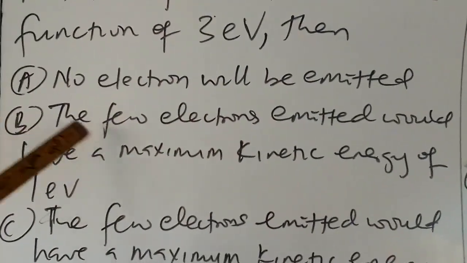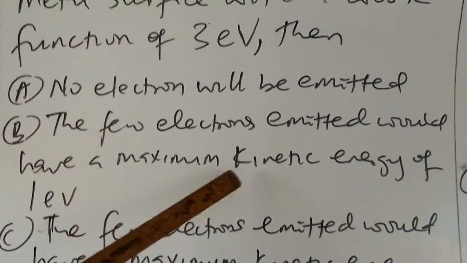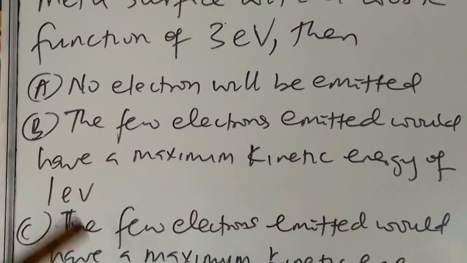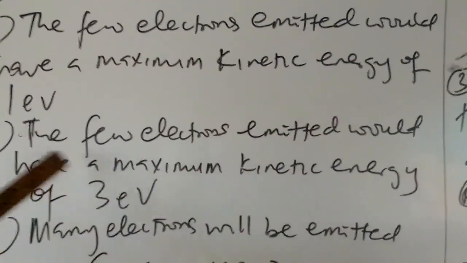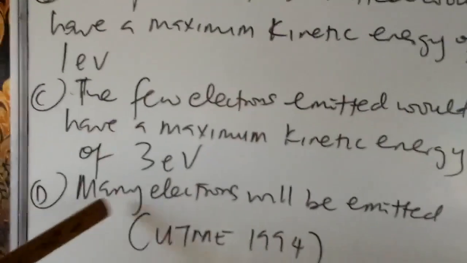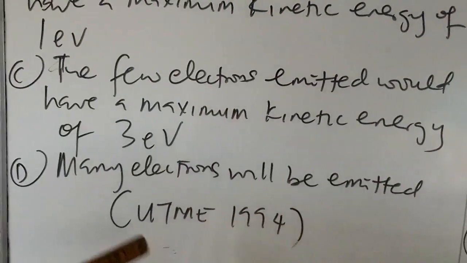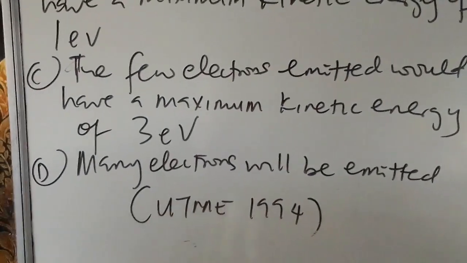Option B, the few electrons emitted would have a maximum kinetic energy of 1 eV. C, the few electrons emitted will have a maximum kinetic energy of 3 electron volts. D, many electrons will be emitted. So this is UTME, Unified Tertiary Matriculation Examination 1994.